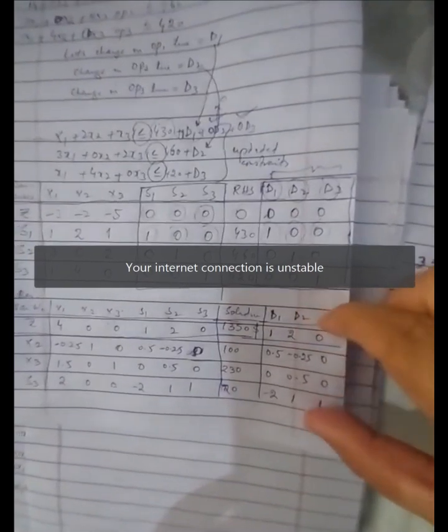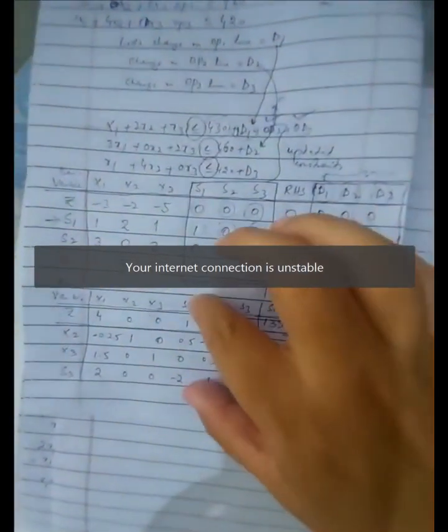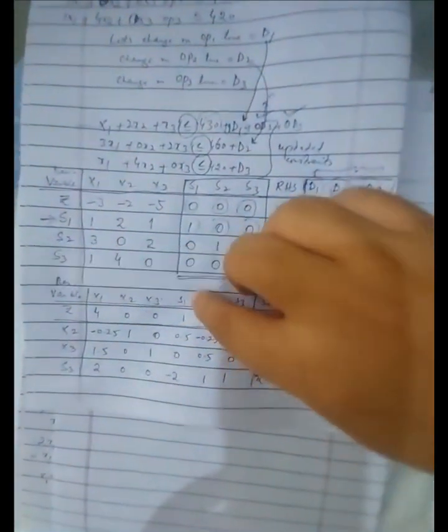Yes. So you don't need to solve for D1, D2 and D3. Whatever the values are in the S1 column, S2 column and S3 column, you just copy these 3 columns into D1, D2 and D3. You don't have to do any other calculations for it.